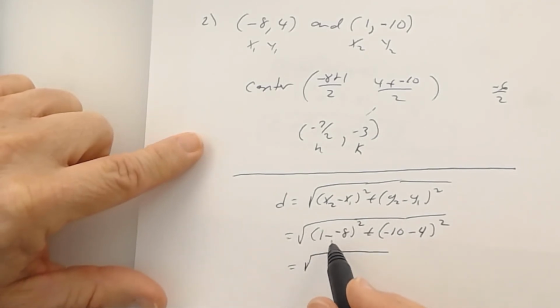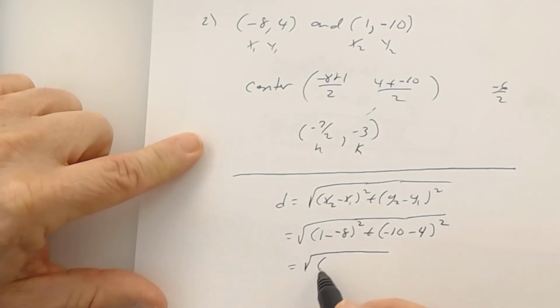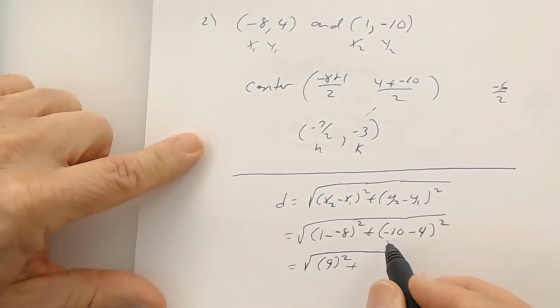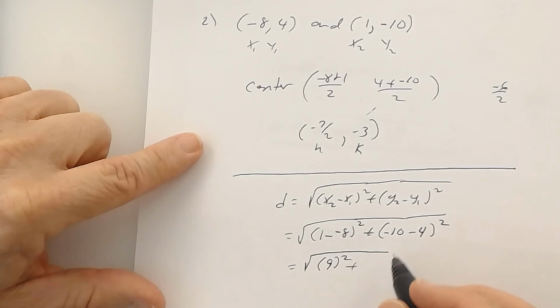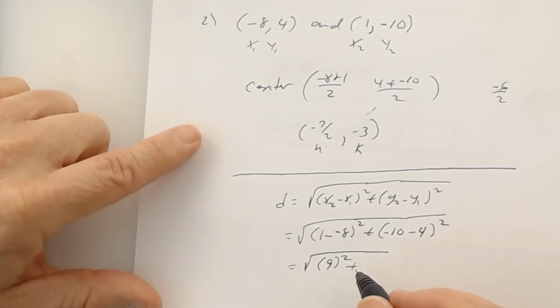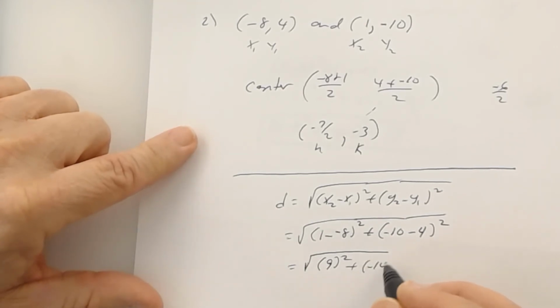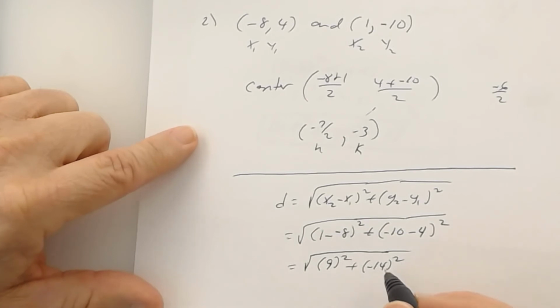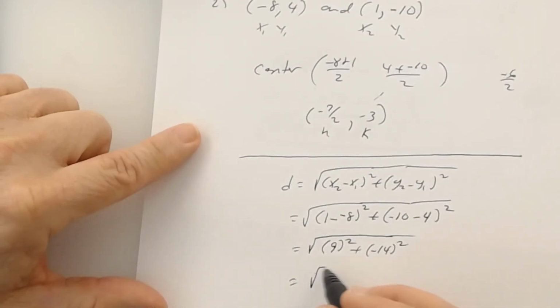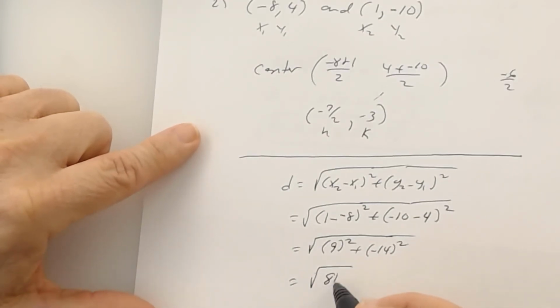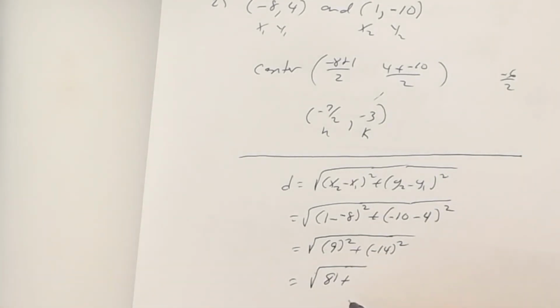Now we're going to start chugging. What's 1 subtract a -8? 9. 9 squared. Plus, what's a -10 subtract 4? Negative 14. Good. -14 squared. Equal. We all know that 9 squared is 81. All right. On your calculator, what's -14 times itself? 196.